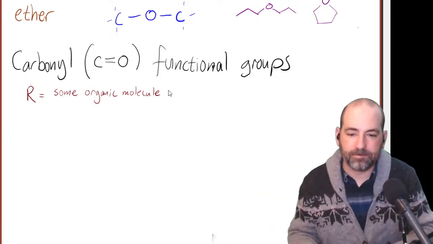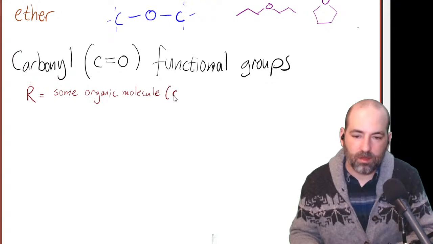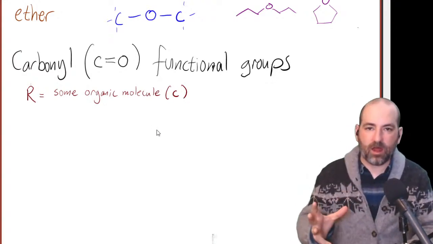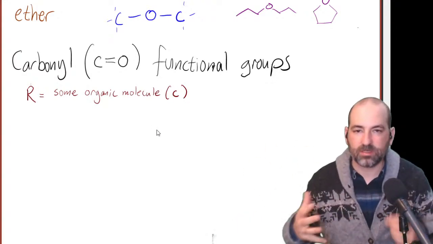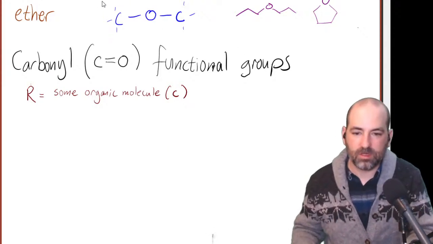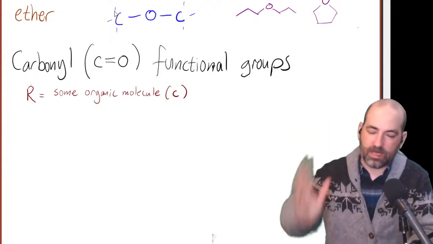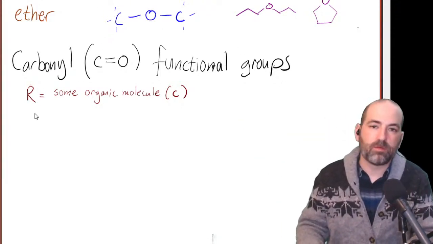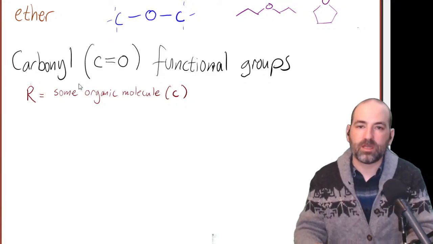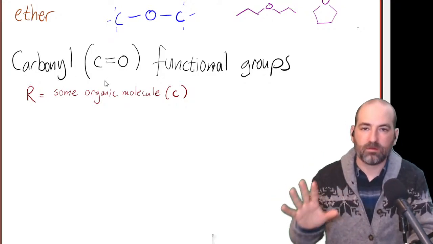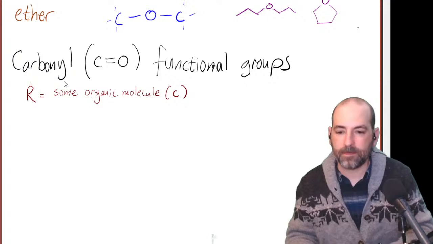But we can assume it's based on carbon, and then it's got whatever else. So it's sort of like up here, we drew these little just lines saying whatever is out there. But sometimes we want to be more specific. We write R to say that there's some organic stuff here, but it could be whatever. It could be anything.